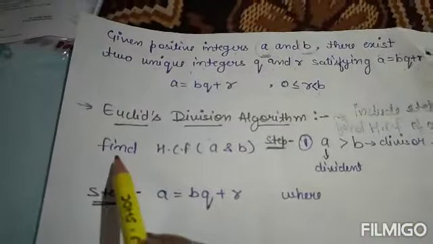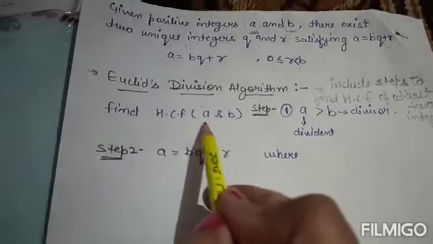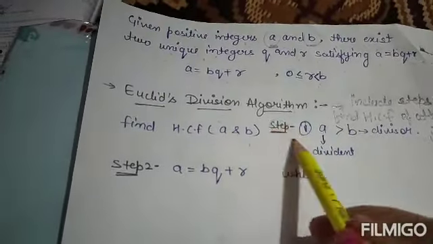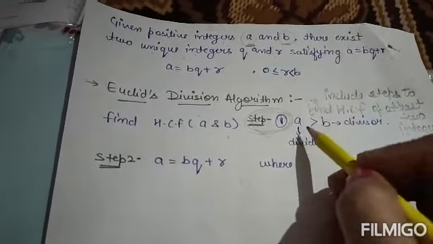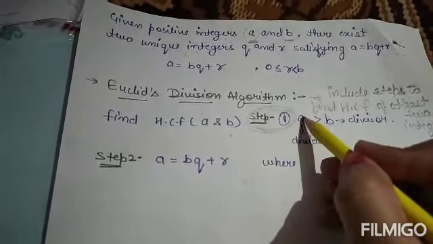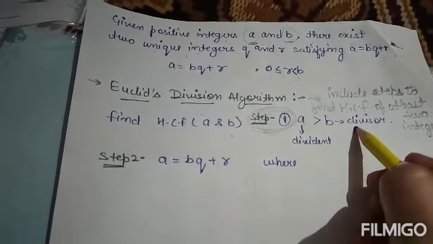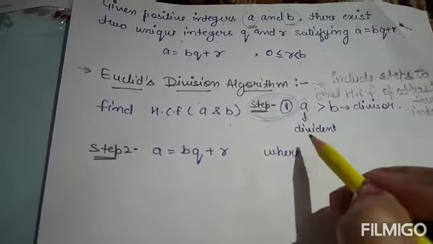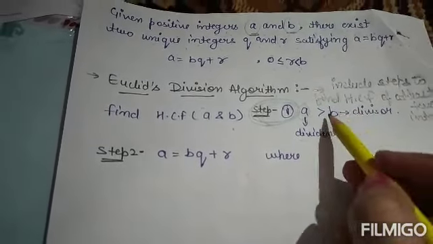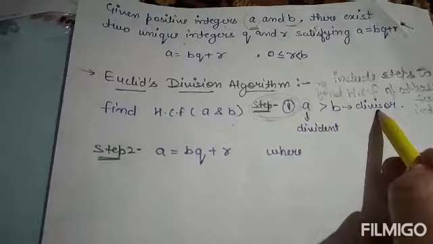For example, if we talk about finding the HCF of A and B, what should be the first step to find the HCF of any 2 numbers? We have to check that one number should always be greater than the other. The number which is greater will be the dividend, and the smaller one will be the divisor.